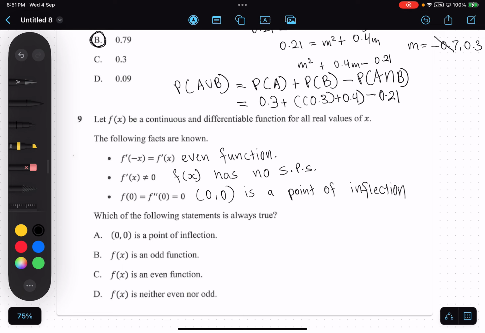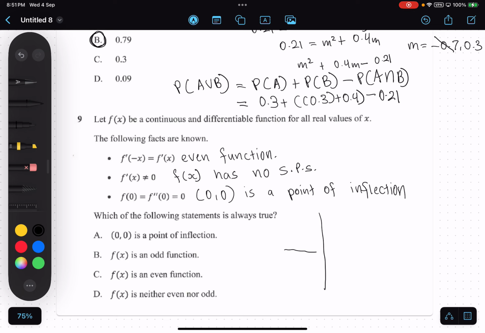The only way that you're going to be able to answer this question is if you draw, alright? For the first two statements, it says that the derivative is an even function and it doesn't touch 0.